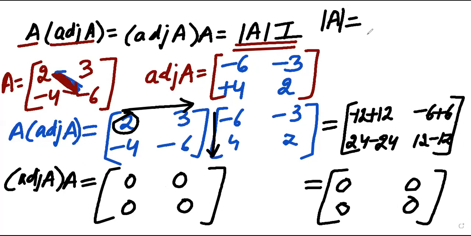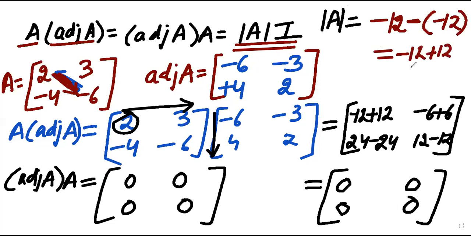So 6 2s are 12, that is minus 12, and then in between you take the negative sign. Okay, listen carefully. You have to take the negative sign. Then 4 3s are 12, so it is coming minus 12 plus 12, that is equal to 0. Okay, what did we get? Determinant equal to 0.